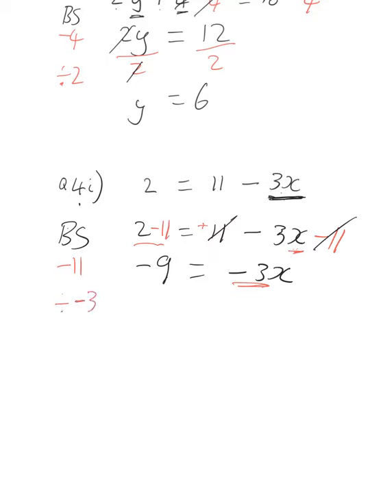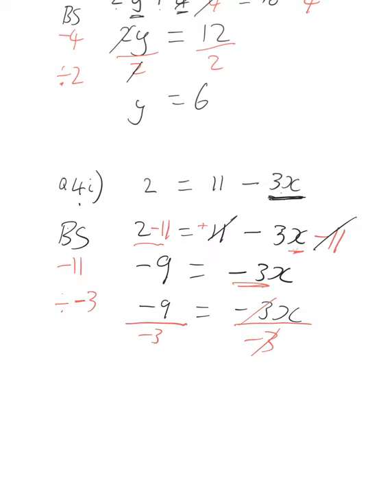So we've got -9 divided by -3, and -3x divided by -3. They cancel each other out.